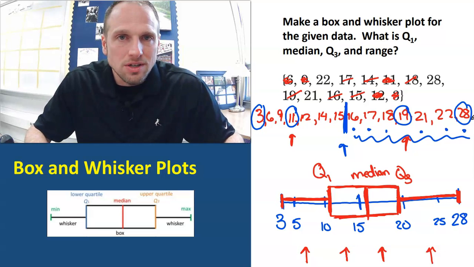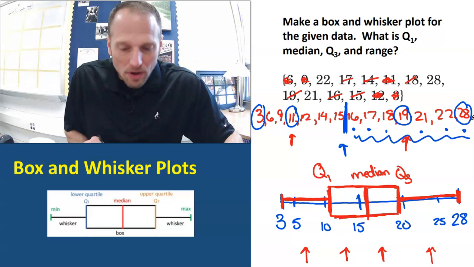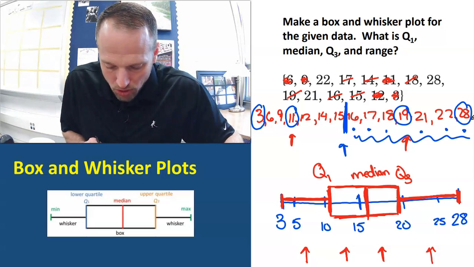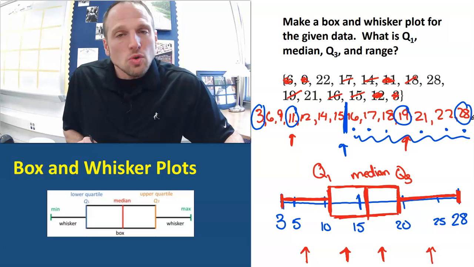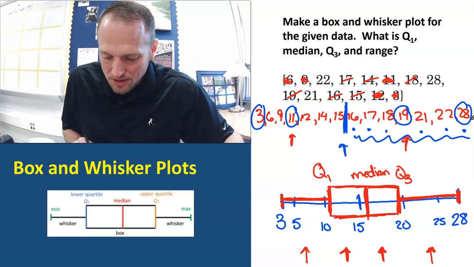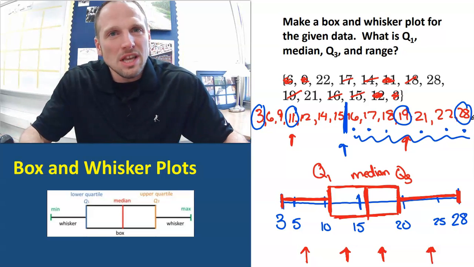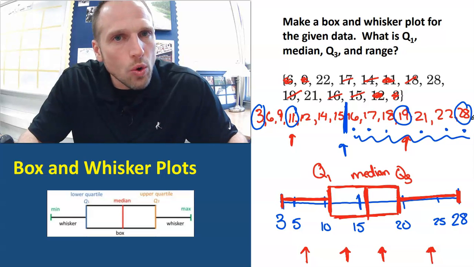25% of our data is in this first whisker. 25% of our data is in the first part of our box. 25% of our data is in the second part of our box, and 25% of the data is in the last part of the box. So if we've got 25% in each one of those places, that's a quarter, right?